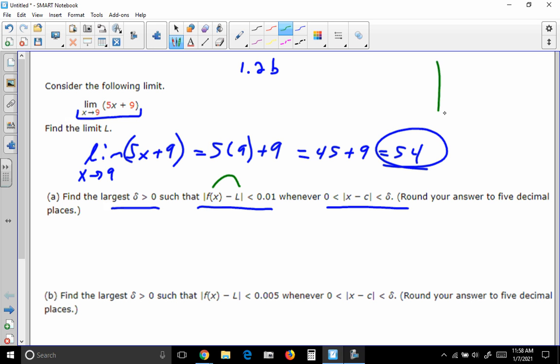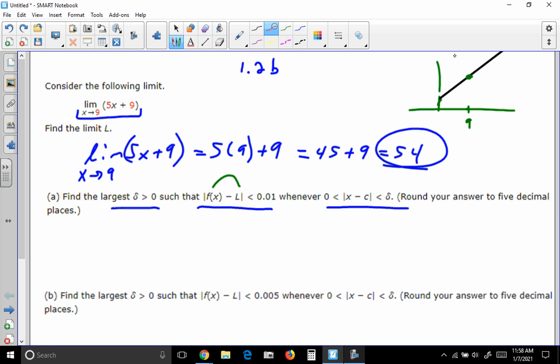So if we look at some graph, some function, and since our function is linear, we'll just draw a straight line. So we're looking for the limit as x approaches 9. Let's just pretend that 9 is here. This is the point we're approaching.